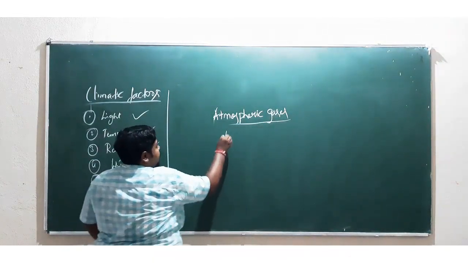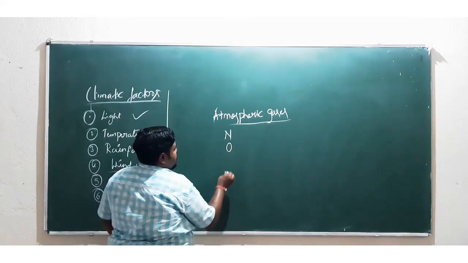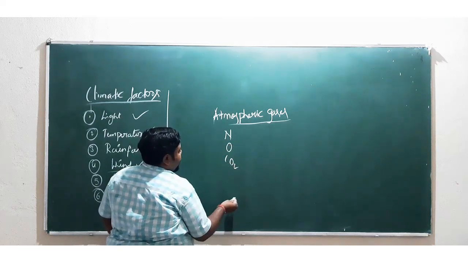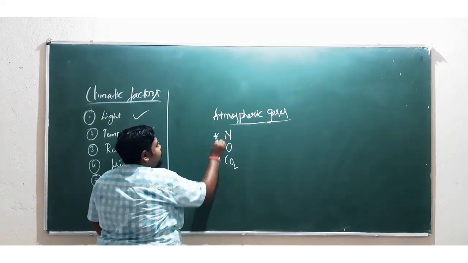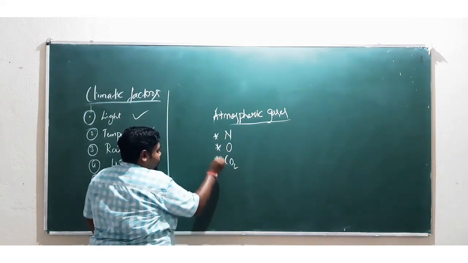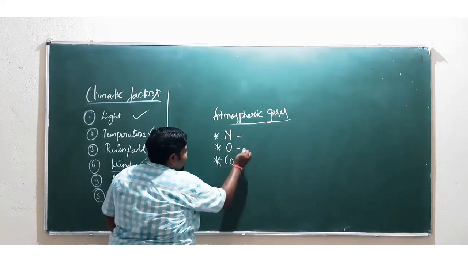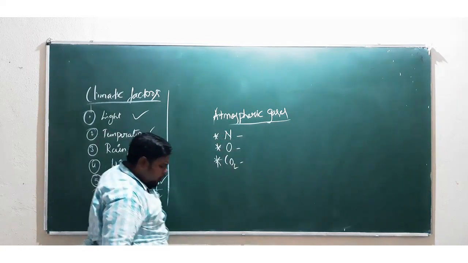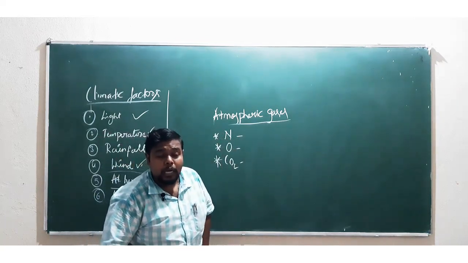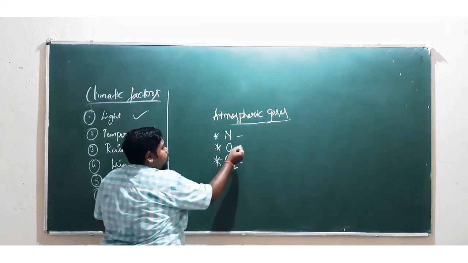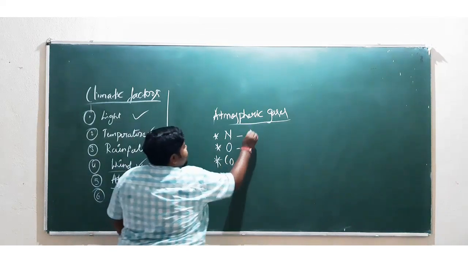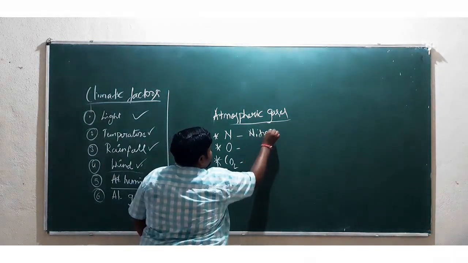They may be nitrogen, oxygen, carbon dioxide and many other things, but with reference to the plant, we will be reading about only these 3, because they play a very pivotal role in the life of a plant. How? As we know, nitrogen is essential for nitrogen fixation here.